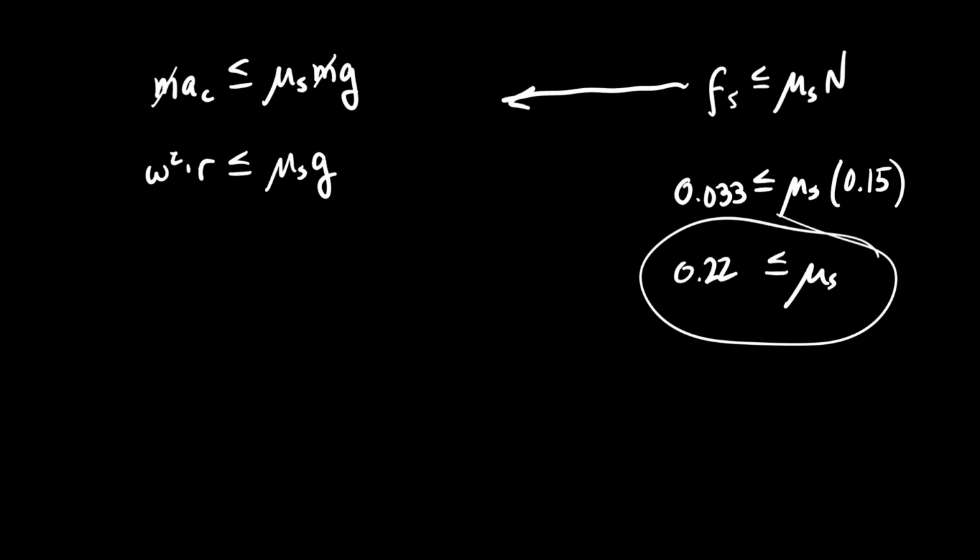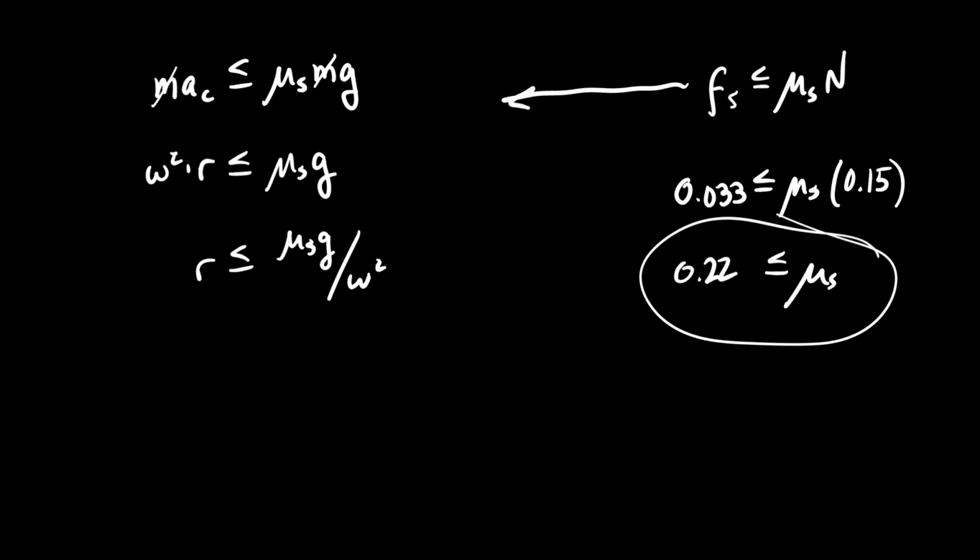We are interested in r, right? What radius? How far away can the bug walk and stay on there? So I want r, which has to be less than or equal to all those things over there. Now, the reason why I like doing it this way better is as the bug walks away from the center, his linear speed increases.